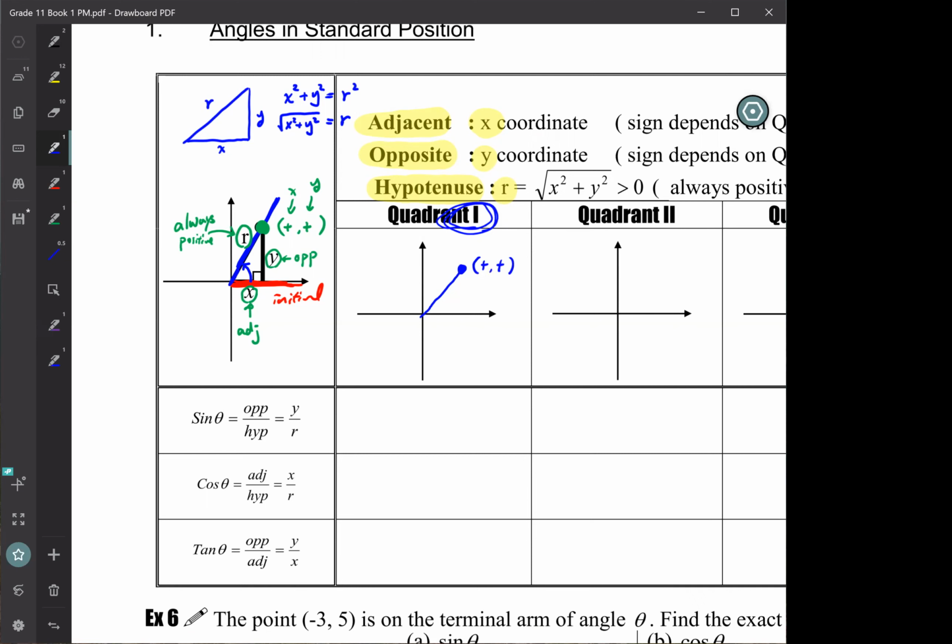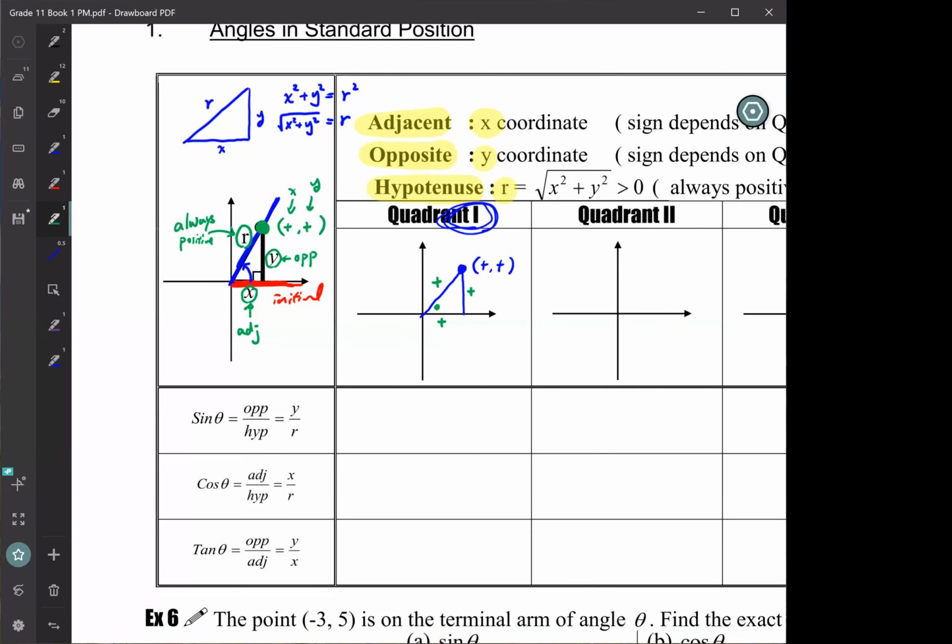So if we make a triangle, right, this one will be our reference angle. Remember reference angle? So our adjacent side is the x, which is positive, right? Opposite side is the y coordinate, that's also positive. Hypotenuse, always positive.